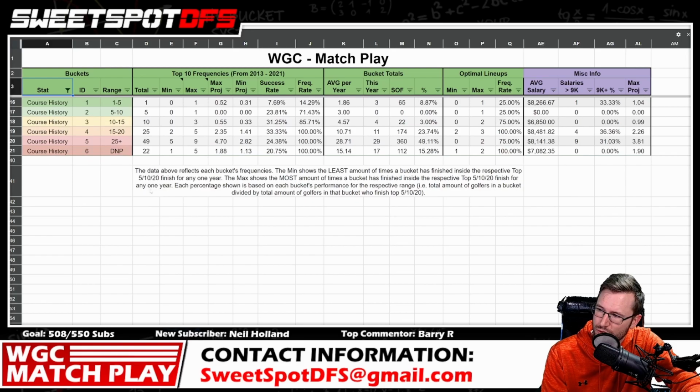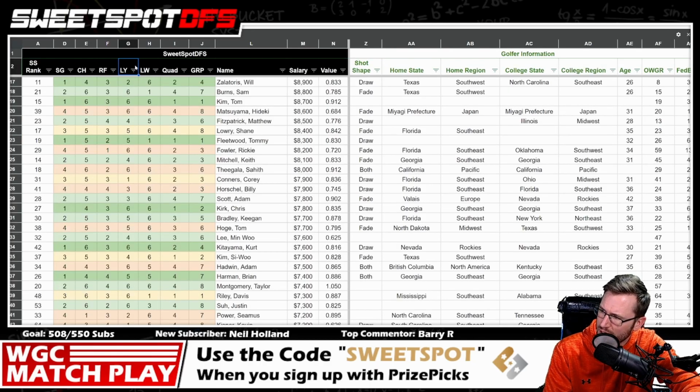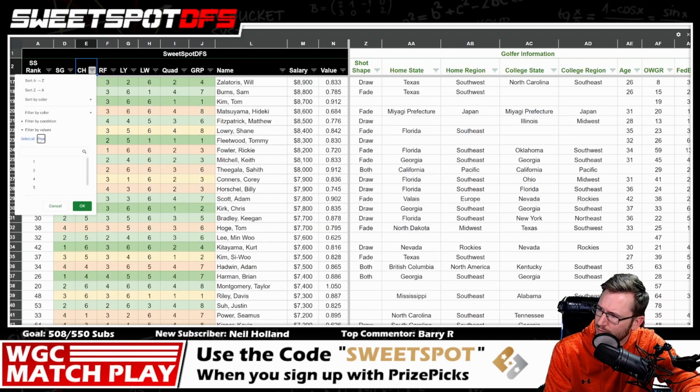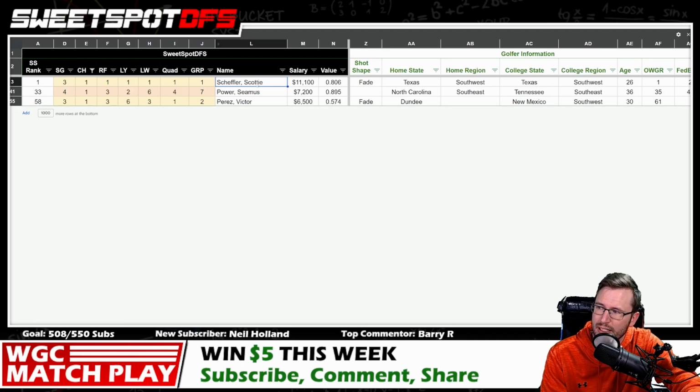Going to course histories, or course history buckets. There are 3 golfers in this first bucket that ranges 1st to 5th place average finishing position at this event. I believe that includes Scottie Scheffler, if I recall. Maybe, maybe not. Yes, it does. And then Seamus Power once again.